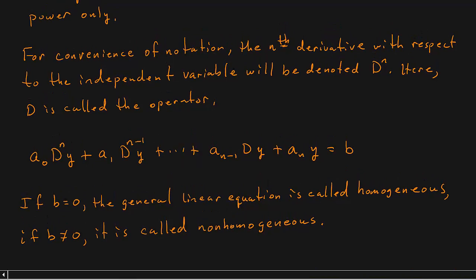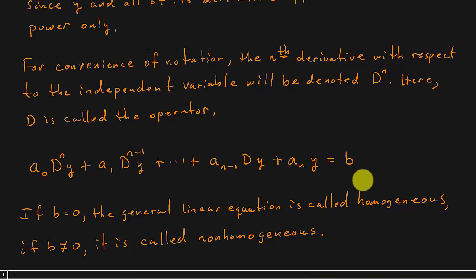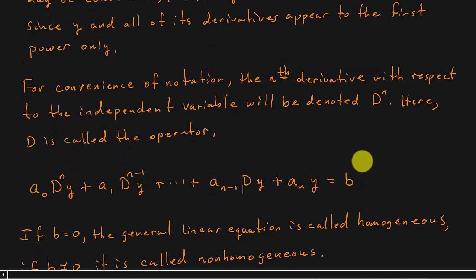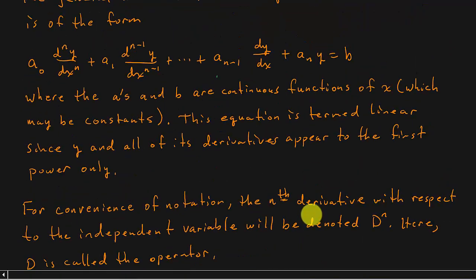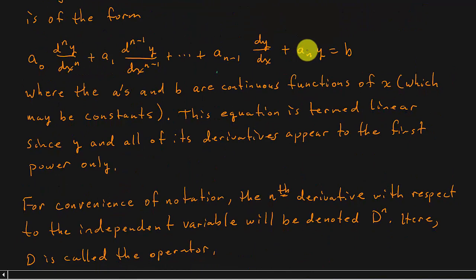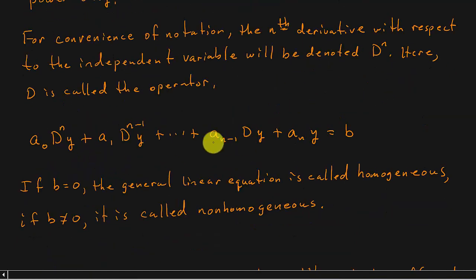And this right here just means the first derivative of y, and if it has a 2 right here, that means it's the second derivative. So it's just a simpler notation to write it in, and this book will switch back and forth. We'll work equations in both forms, and they mean the same thing.